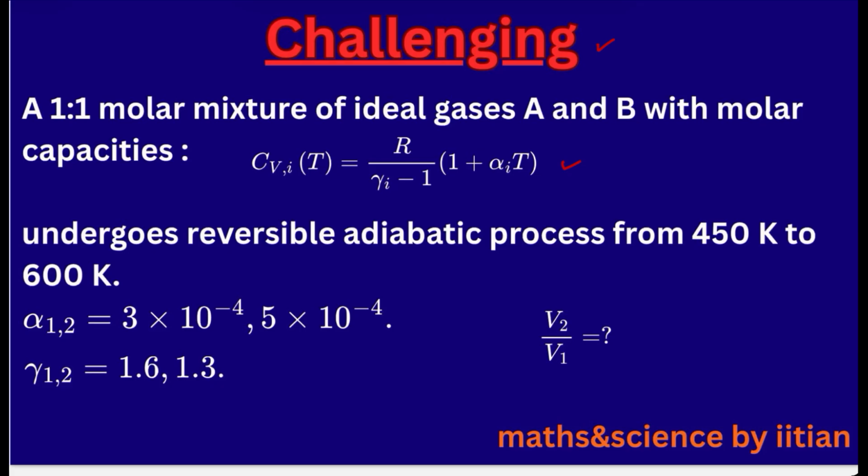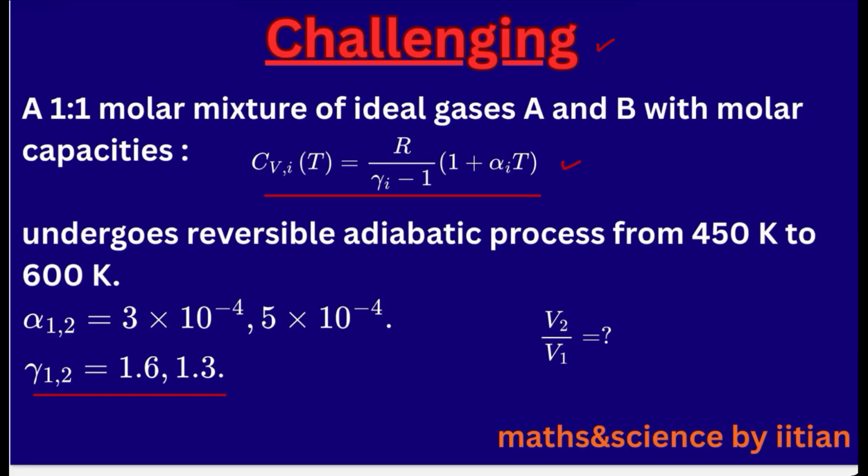Gas 1 is gas A and gas 2 is gas B. CVi as a function of temperature is equal to R by (gamma i minus 1) into (1 plus alpha i T). The values of gamma 1 and gamma 2 are 1.6 and 1.3.